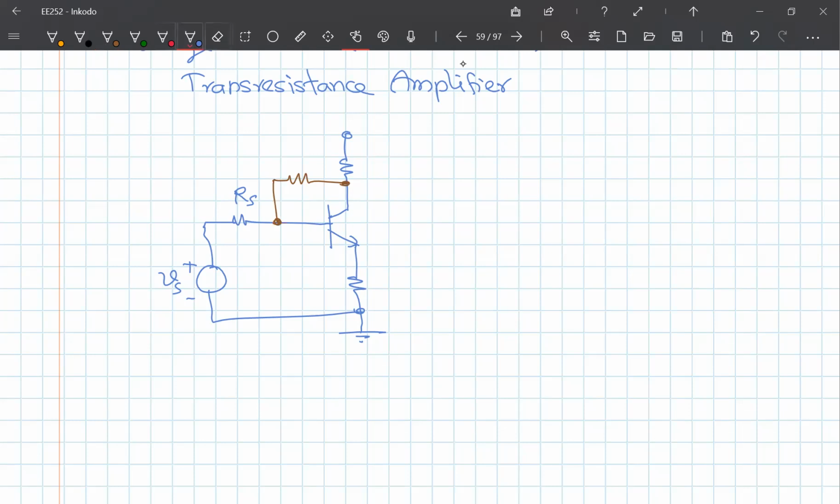This is my feedback, RC, R dash, RS. So this is my transresistance amplifier. Here, output is a voltage, so therefore output is taken from here, V out, but input is a current I. It's marked as IS, source current, right?